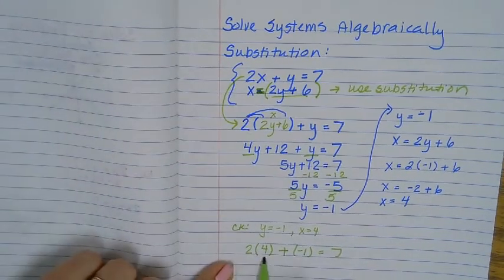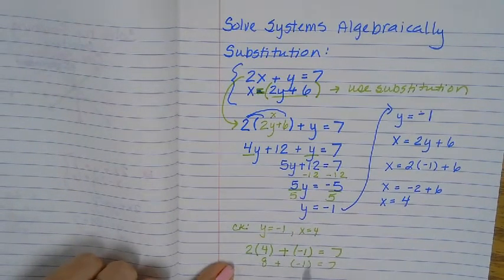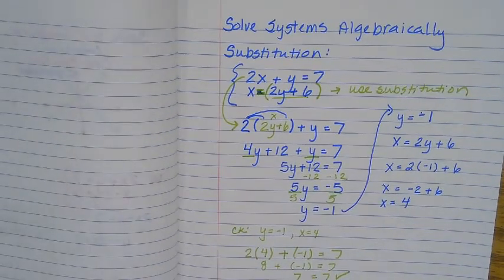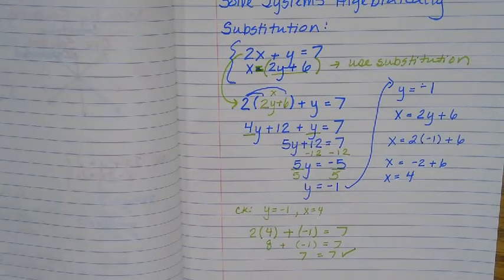So let's see, what's that? That's 8 plus negative 1. Well, 8 plus negative 1 is positive 7. So that means it checks for us. Okay, any questions there?